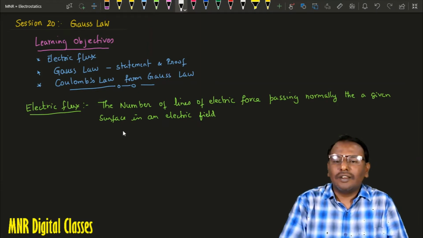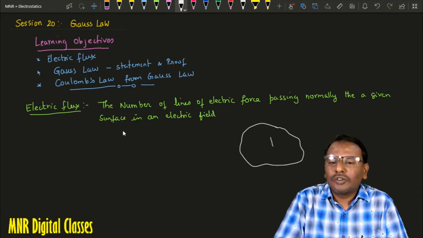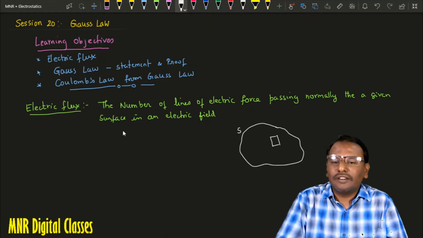Now let us consider a surface. Now let us consider a small portion of this surface. The total surface area of this surface, take it as S. Let us consider a small portion having the surface area ds.